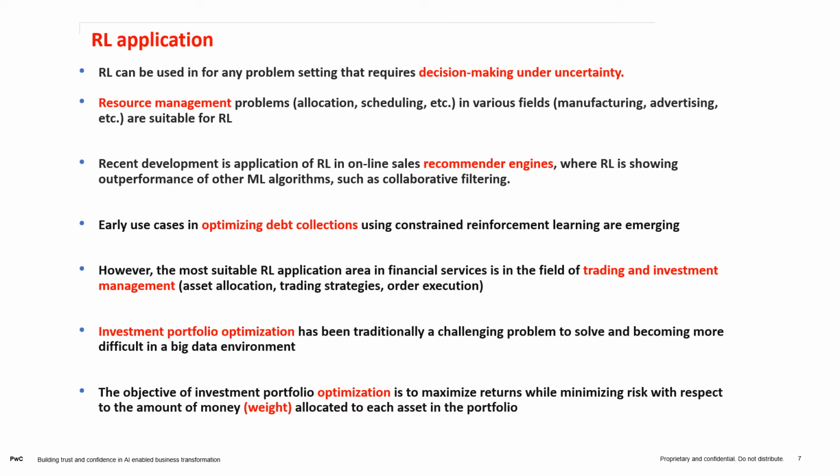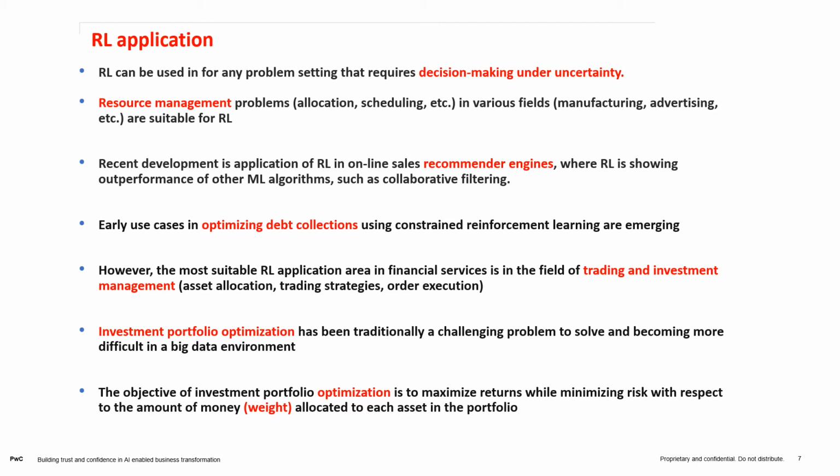However, the most suitable RL application, no doubt, is in financial services, certainly in the field of trading and investment management. Now, here you have some very complex decisions that need to be taken in asset allocation, trading strategies, order execution, etc., in an environment with a large amount of uncertainty, a big data environment which continuously changes, and really challenging to take those types of decisions.